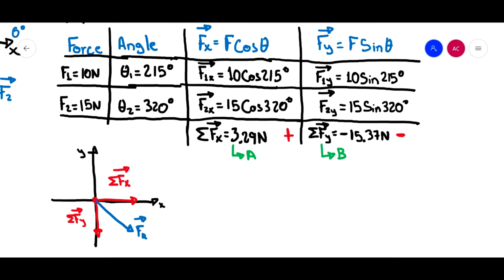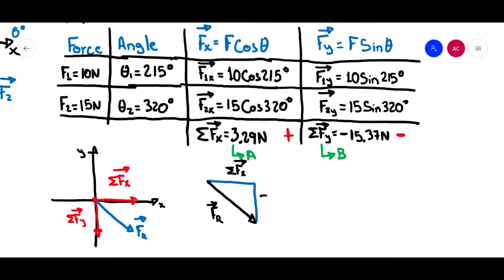Okay, so I'm going to draw the little triangle that is formed using the vectors and the sides. So this is the resultant force over here, and this is Fx, and this is Fy.